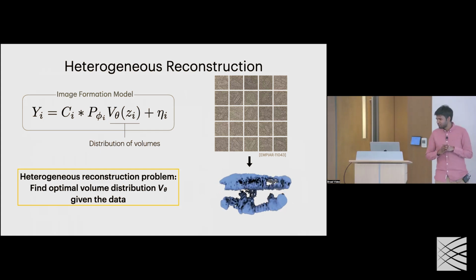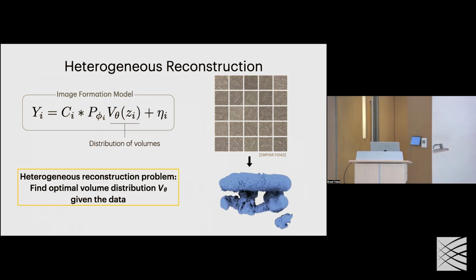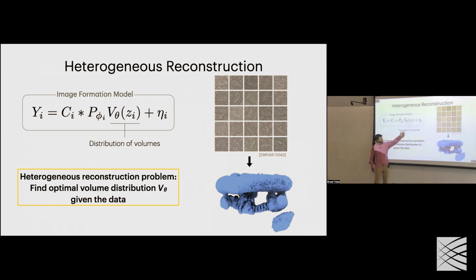Again, in terms of the image formation model, we can modify it. Now, instead of a single structure, or multiple volumes indexed by k, we're now going to have a full distribution of volumes, which we say V_theta of z_i. z_i is some latent variable which represents the conformation of a particular image.